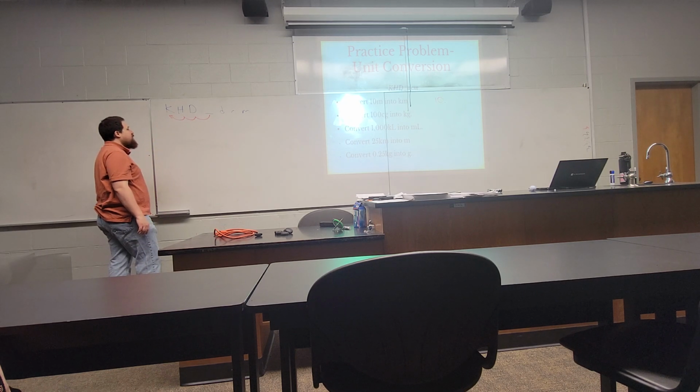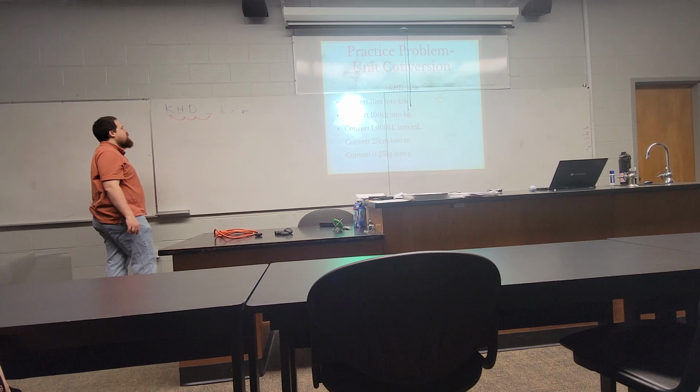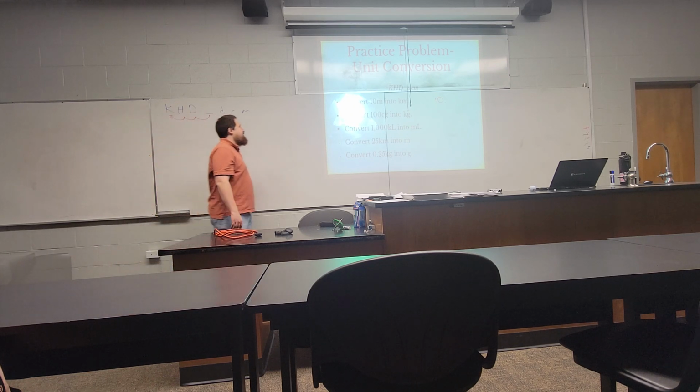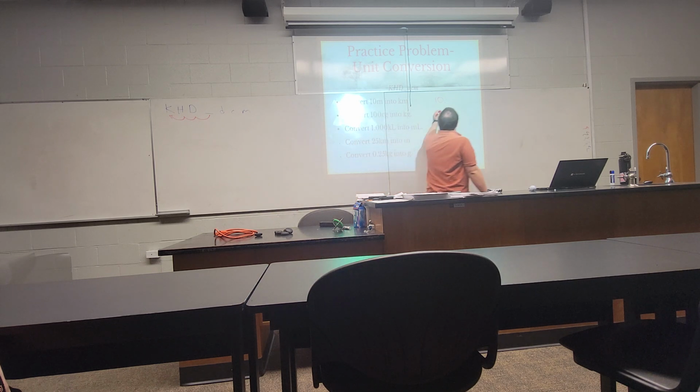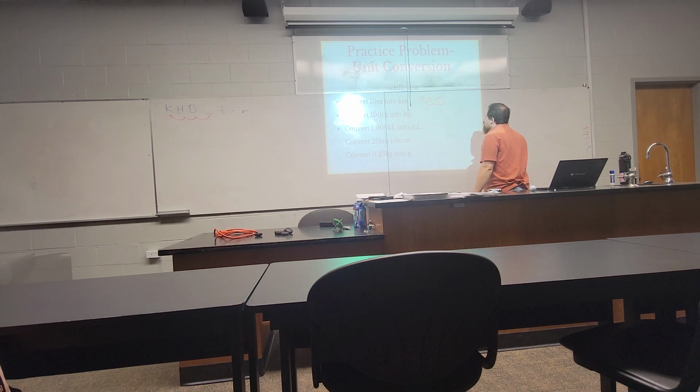So going visually from base to kilo, you need to take your decimal point 1, 2, 3 places to the left. So that will be 0.01 kilometers. Again, bigger unit, smaller number.